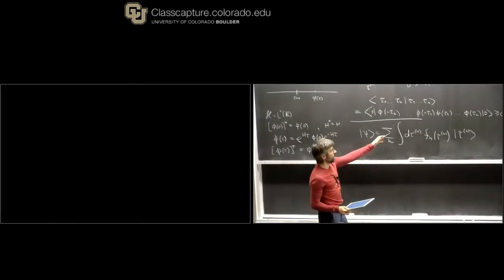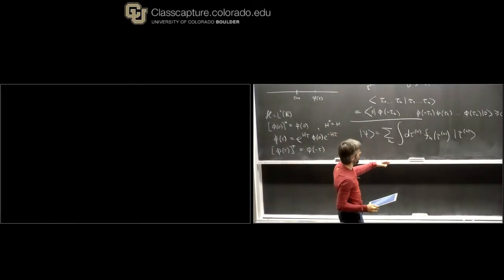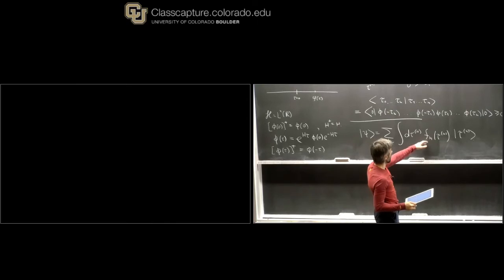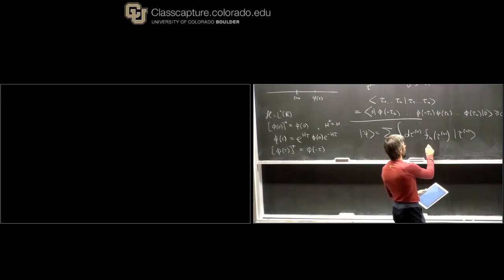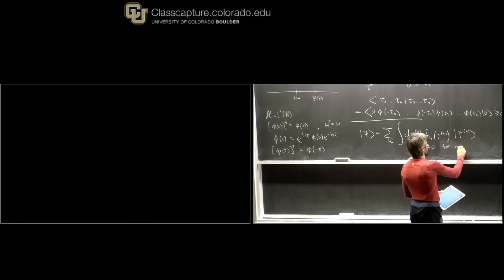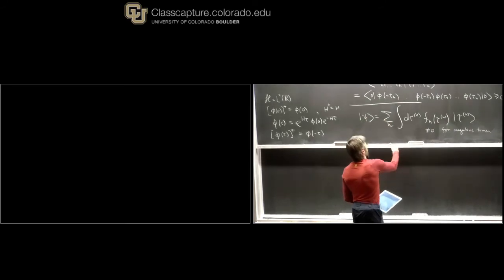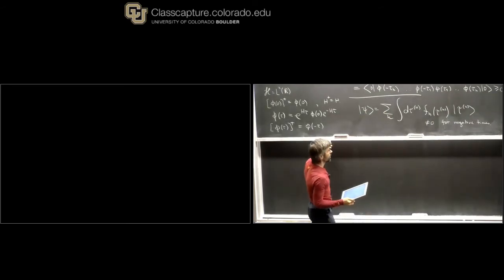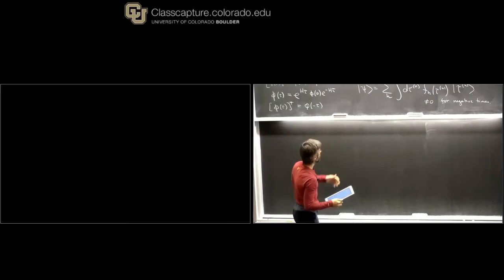So each of these states is just a linear combination, so I'm just going to take these functions f_n. Since I would like my state to live at negative times, all these functions f_n are only non-zero for negative times. I also know that all of these states have positive norm, no negative norm.